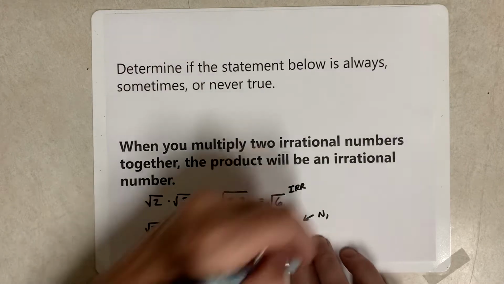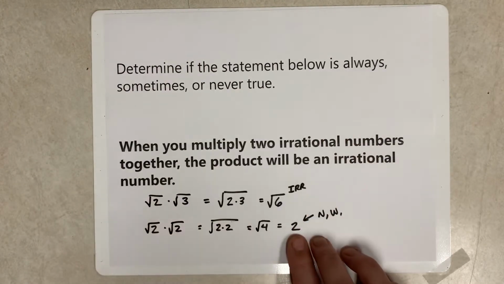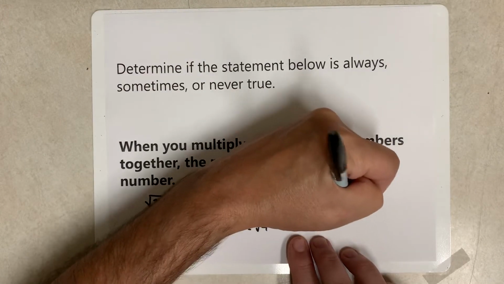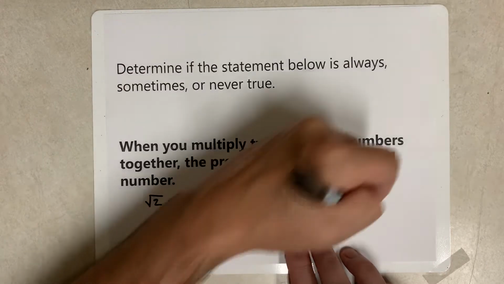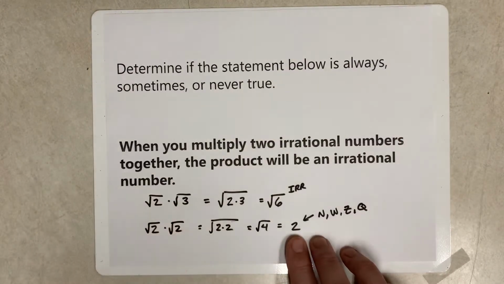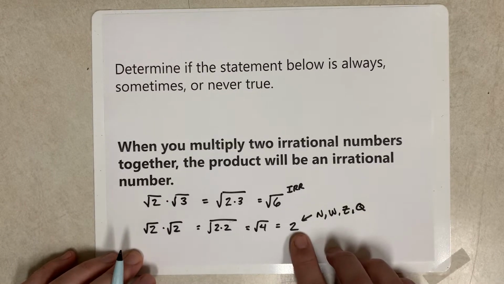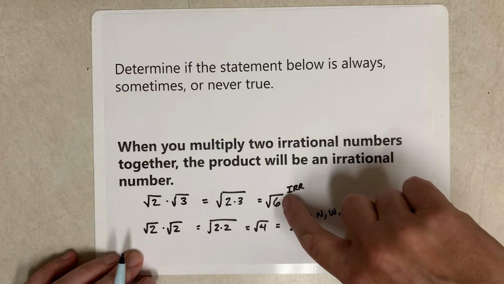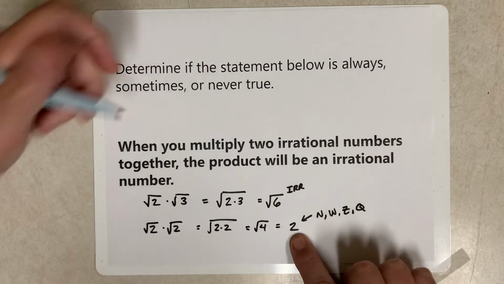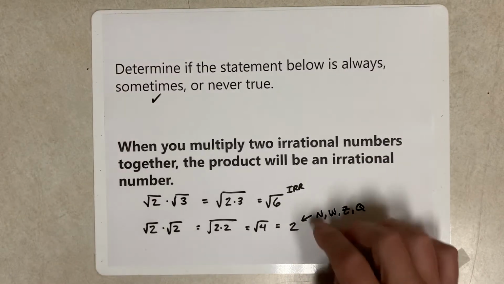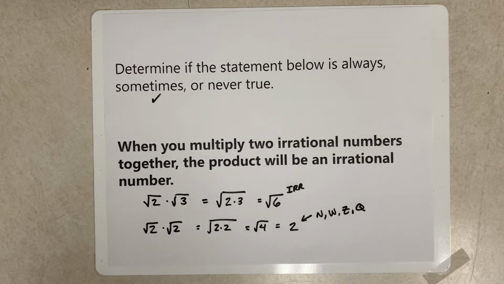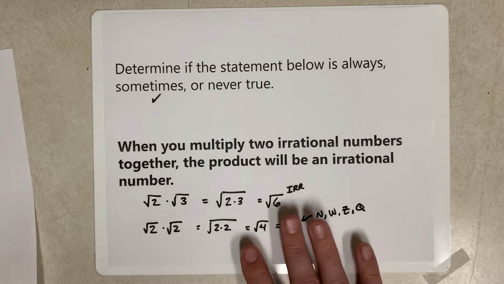It's going to be a whole number. It's going to be an integer. And it's going to be rational. So, is it irrational? No, it is not. It's the exact opposite of irrational. So sometimes you get an irrational and sometimes you do not. So with that little counterexample, this one is going to be sometimes. Great EOC questions. They love to ask this stuff.